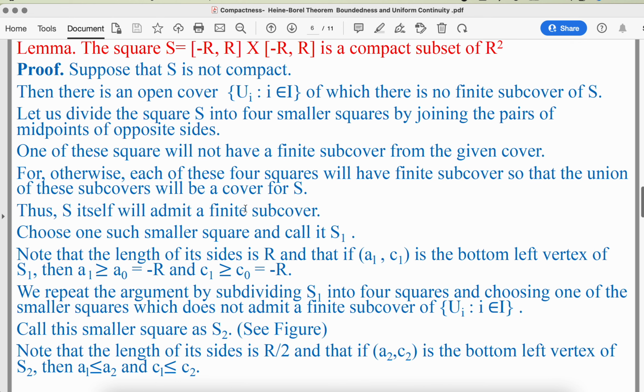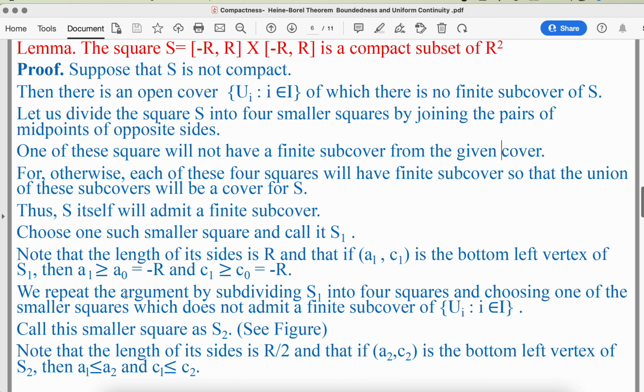Choose one such smaller square and call it S1. Note that the length of its sides is R, and if A1 C1 is the bottom left vertex of S1, then A1 is greater than or equal to A0, which is equal to minus R, and C1 is greater than or equal to C0, which is also minus R.